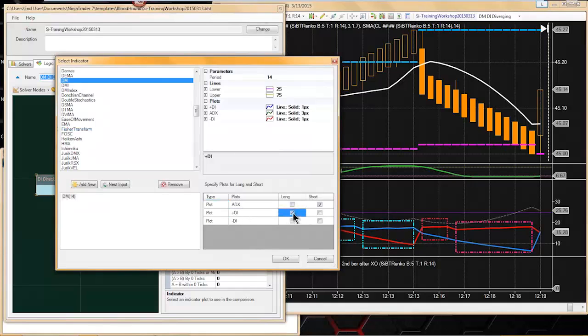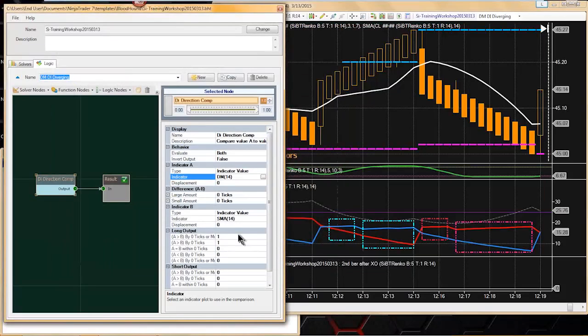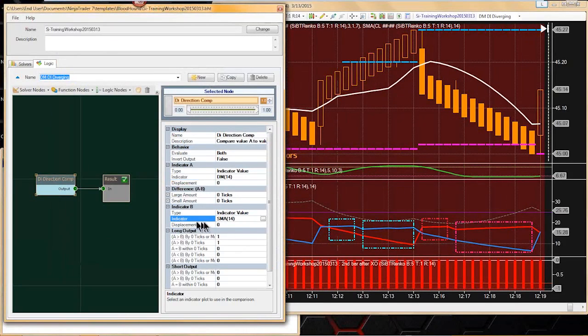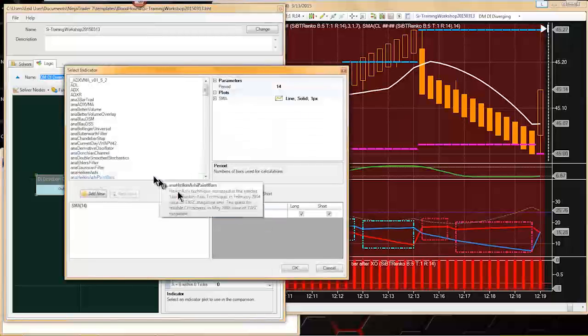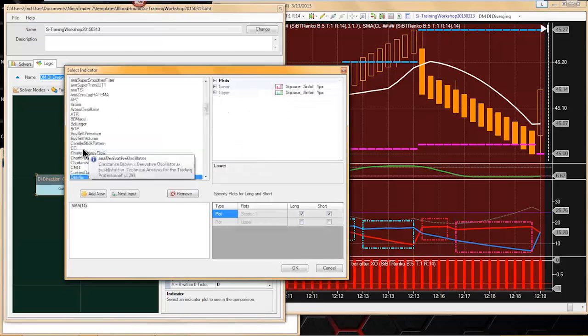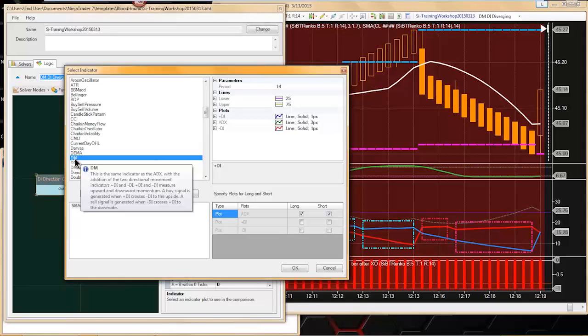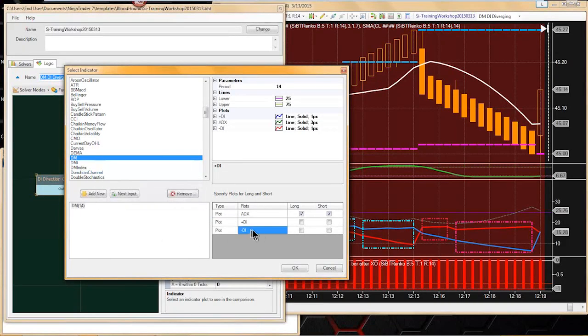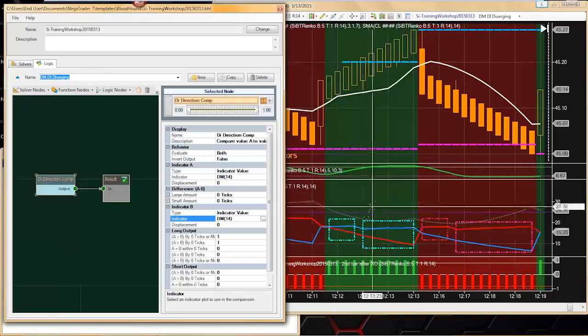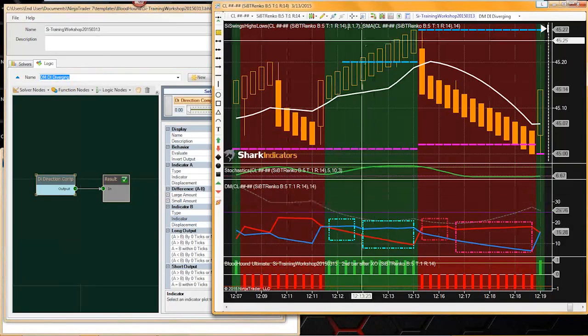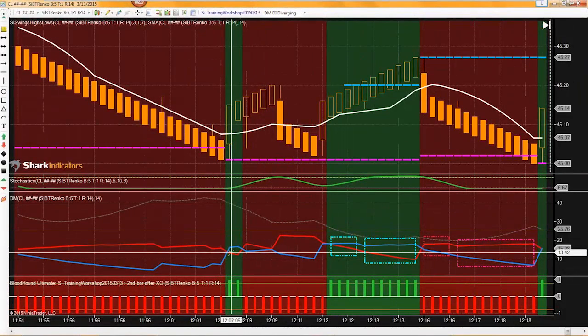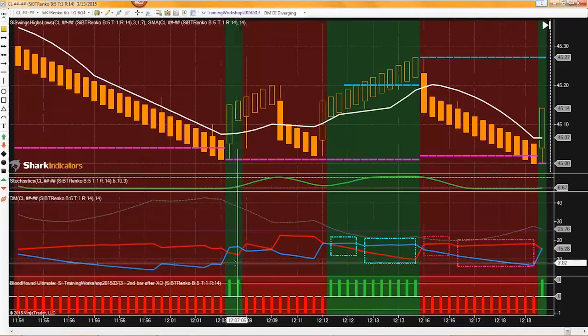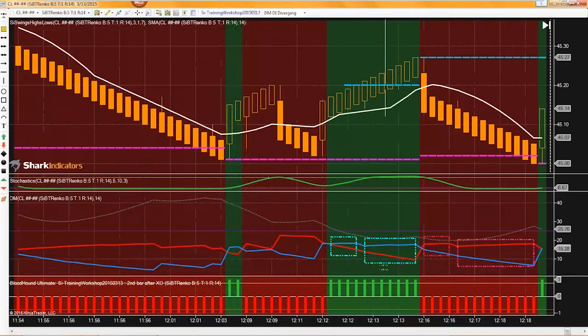And I'm going to use the DI plus as indicator A. Right down here in indicator B, I'll set that to the DI minus. So let's grab our DM plot, and now we'll select the DI minus. Okay, so there. Now we can see the trend direction, basically, like so.